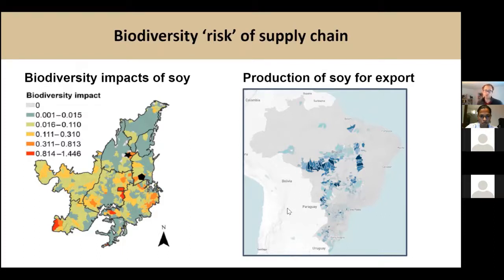And then what we have is a risk that we allocate proportionately to the supply chains that are sourcing from these regions, according to the biodiversity risk, or the biodiversity that has been lost in those regions to soy.